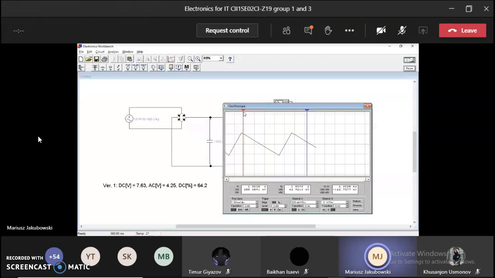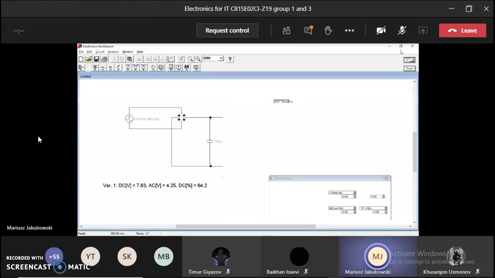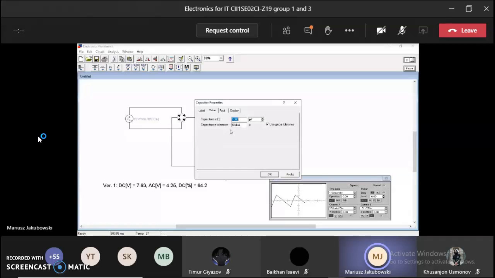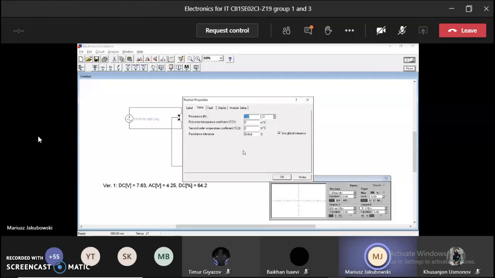And again, we have 200 millivolts. So it's sensitive, but we can somehow cope with this by using large capacitors, like 1 millifarad or even several millifarads. Anyway, let's get back to the original values, 100 microfarad and 1 kilo ohm.